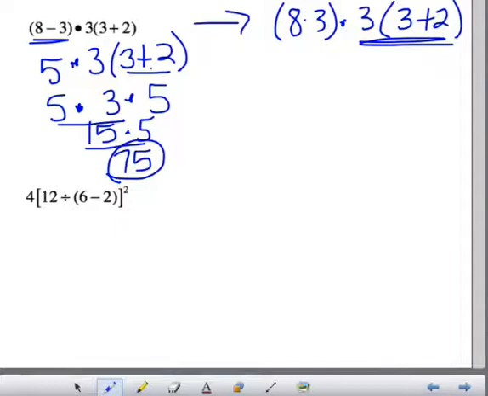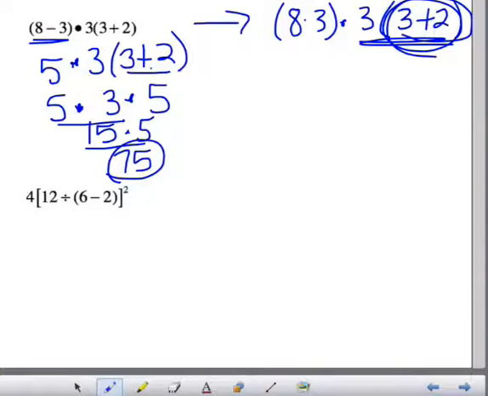Okay? I could have gone 3 times 3 is 9, 3 times plus 6, and then that times 3, both of those times 3. But why would I do that to myself? Or excuse me, times the 5. Because I can work what was in those parentheses, go ahead and do that.